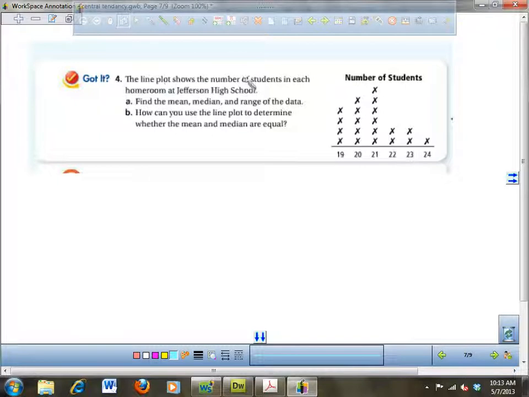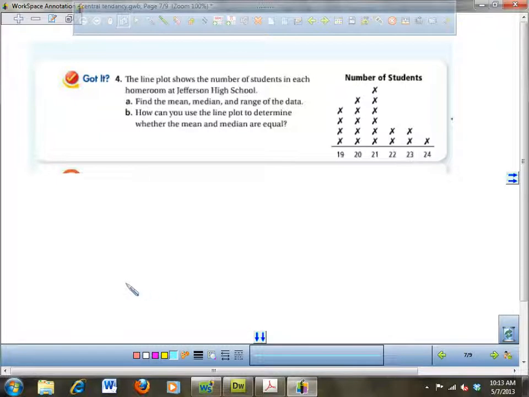The line plot is the number of students in each homeroom at Jefferson. If you had a guess, what would you say that the mean would be in this case? About, just looking at the x's, so this is number of students in the classroom.